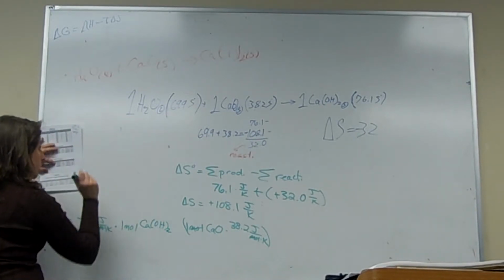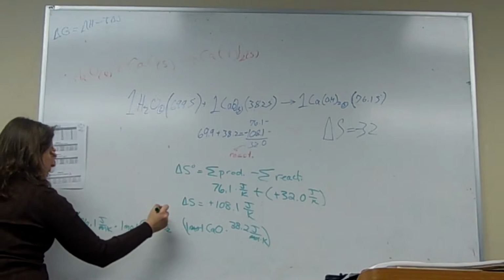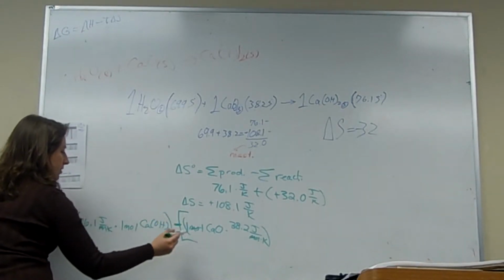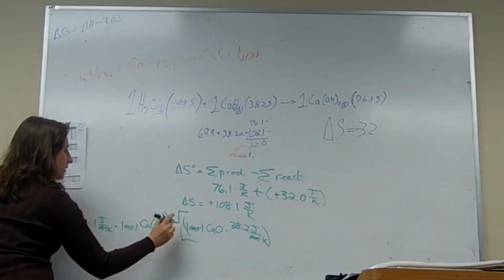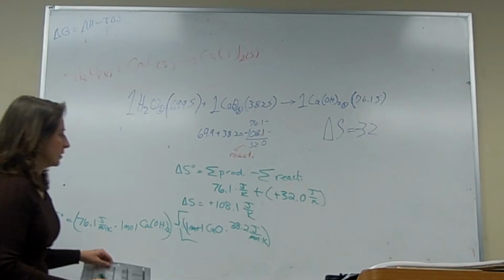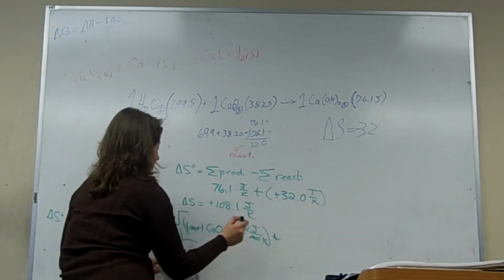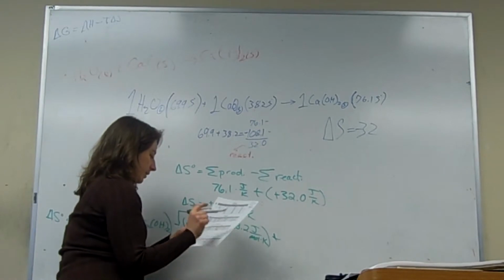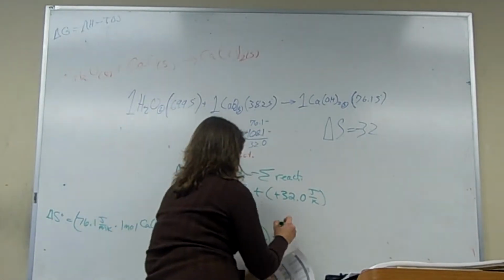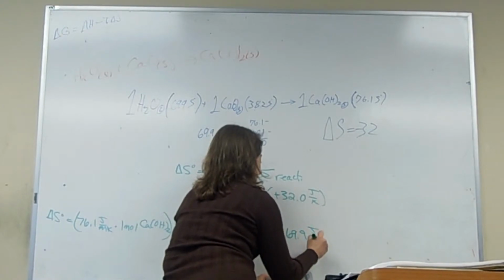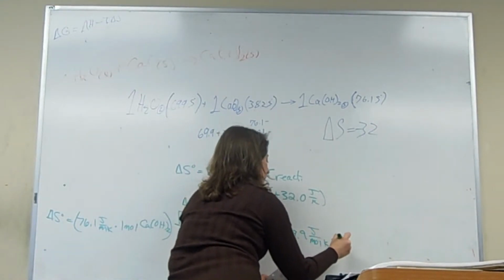And that is the only product, minus this whole big thing, which I'll put in a big bracket. I think I see why the answer is off. Plus, the other reactant is water liquid. Water liquid is 69.9. It's 1 mole of it.